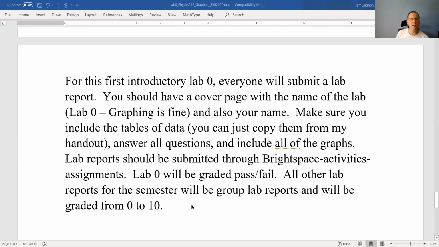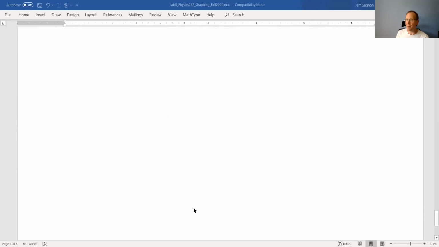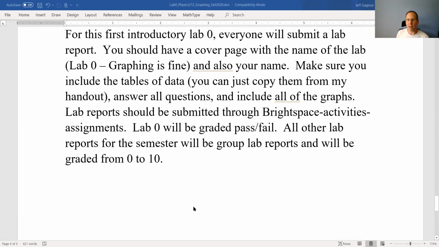And if you do everything I ask, if you show me all the calculations, this first one really didn't have any calculations, but later ones will have a lot of calculations, then you're going to get 10 or very close to 10, right? So you just have to make sure you do everything that's asked in the lab handouts. If you answer all the questions, you're going to do very well in these lab reports. All right, so that's it for lab 0, and good luck.